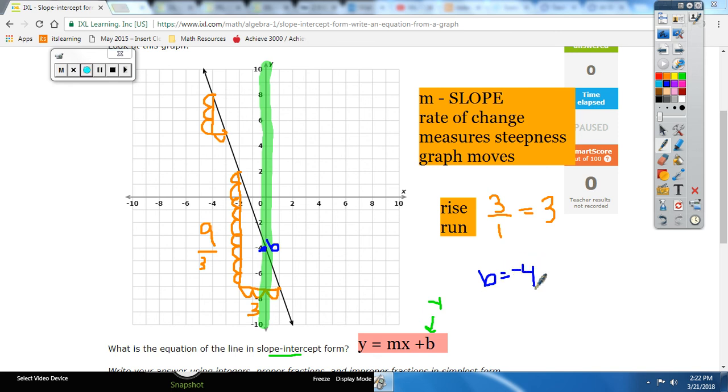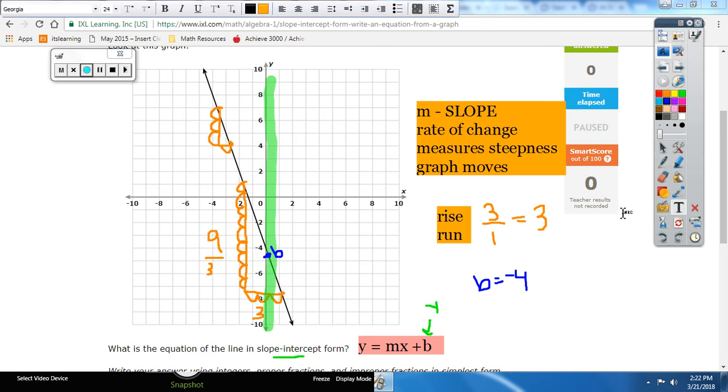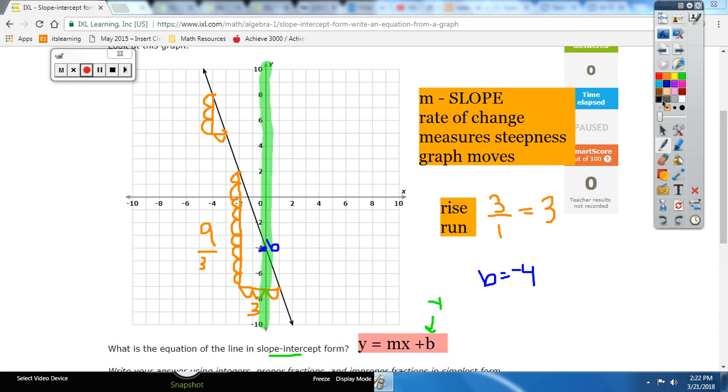So here's my final equation. The first part is y equals, that's what you can put in IXL, y equals, then the m, which is 3. Now, when I write 3 down, look at this line. Is that positive or negative? Here's how you know. This way is positive, this way is negative.